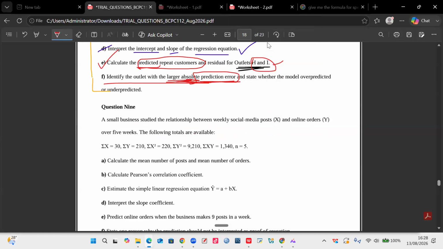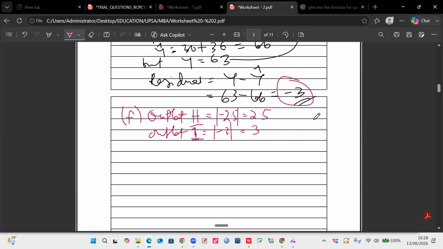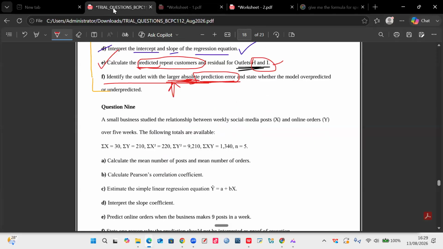Absolute, change all the negatives to positive. Which one is the larger, the greater one? 3. So the outlet is I. So we say outlet I has the larger, not largest, larger because there are only two items, prediction error. Are you good? Yes, I am.